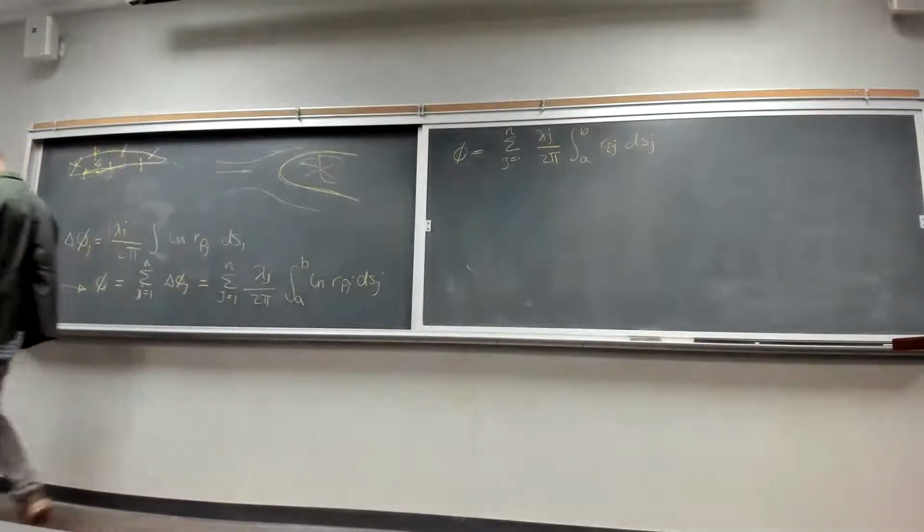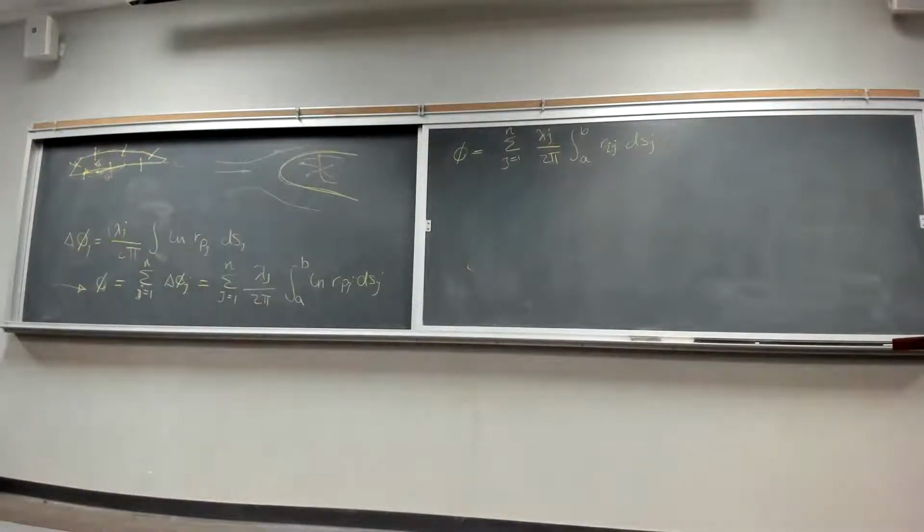That's the velocity potential induced on panel I by panel J. This panel I can be here, can be here, can be anywhere. Okay.